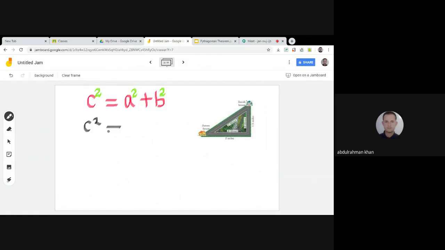Just replace the values on the right side. A is here 1.5 miles, so in place of A, we will replace 1.5. The power is 2, so we put 2. The base is given as 2 miles, so in place of B, just put 2, and the power is 2.